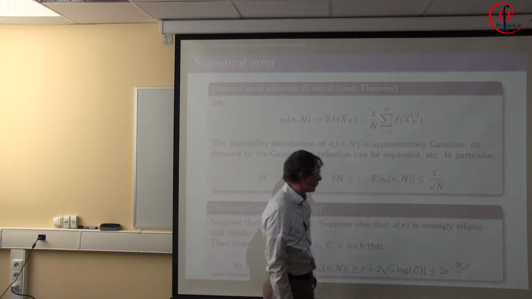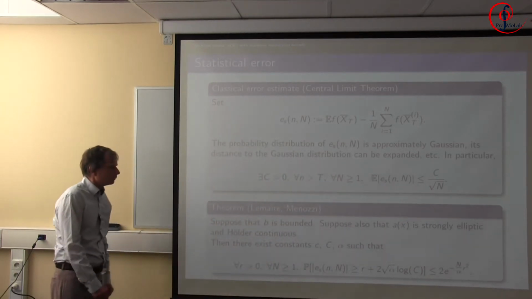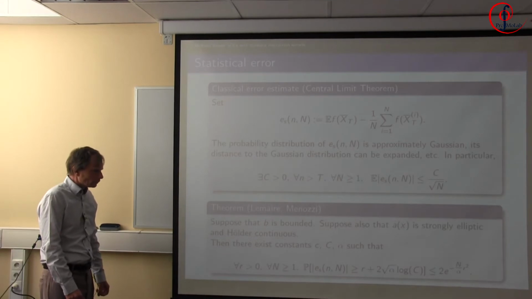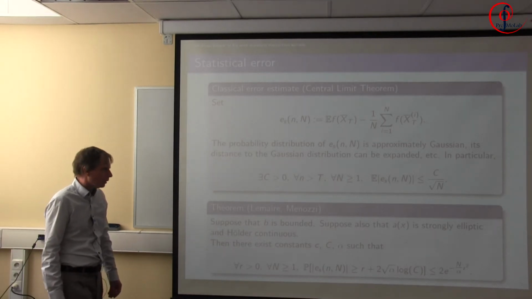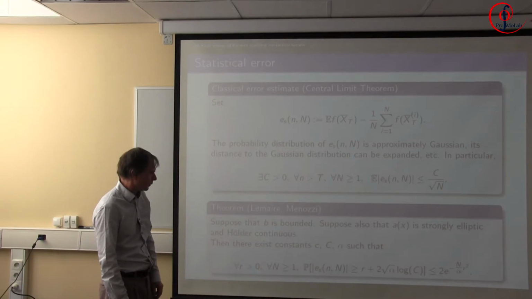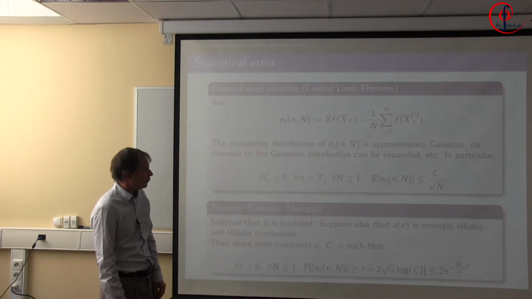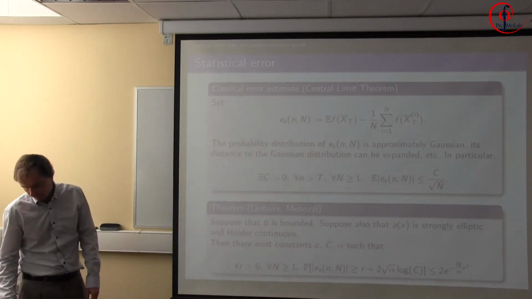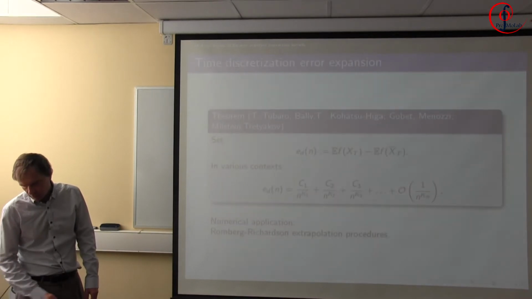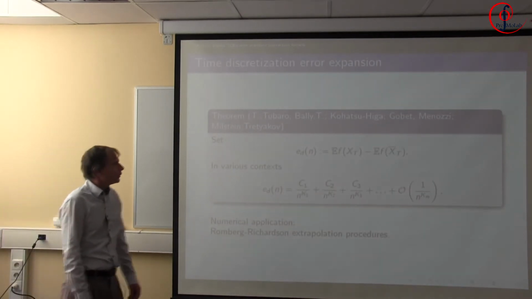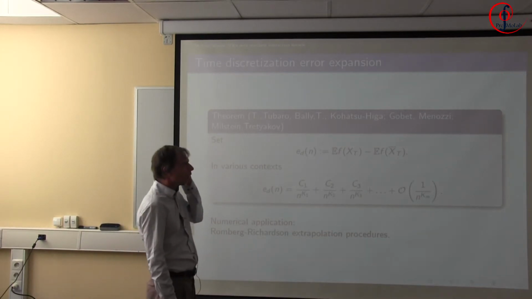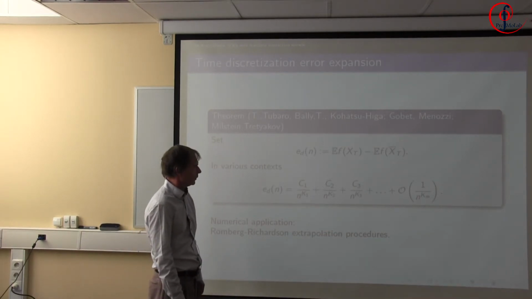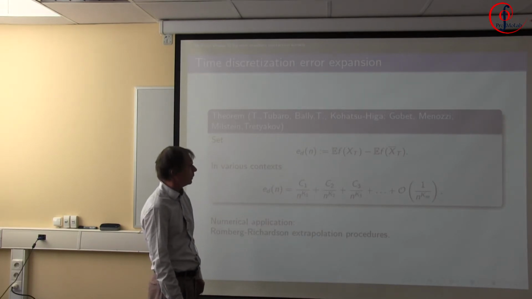But here, as for some other chapters of this analysis of numerical errors, A of x is supposed strongly elliptic. Okay, but in fact the strong ellipticity is not essential at all to control the discretization error.